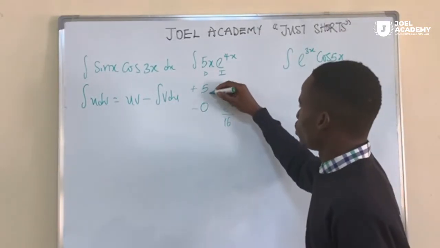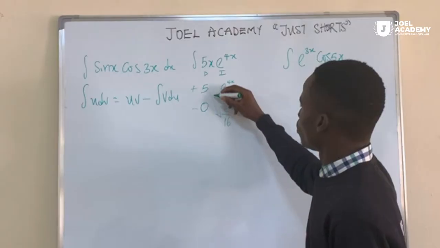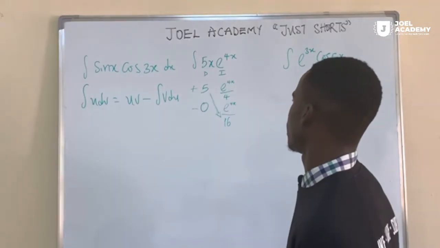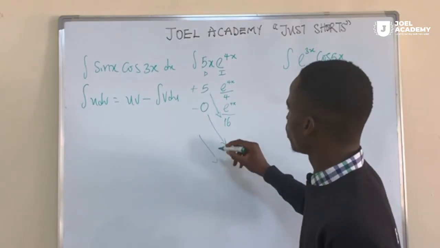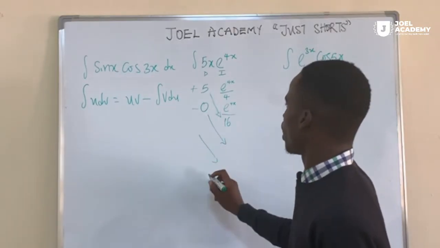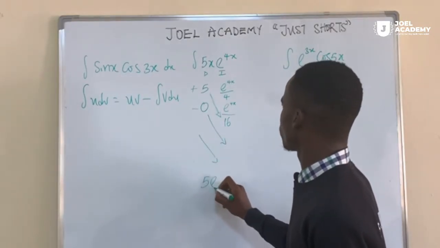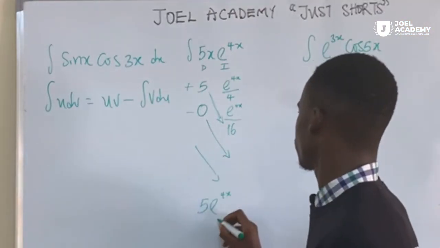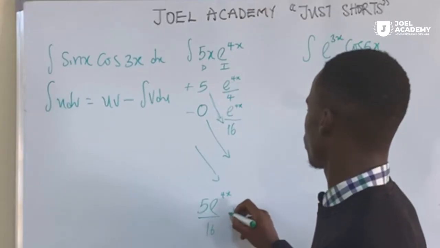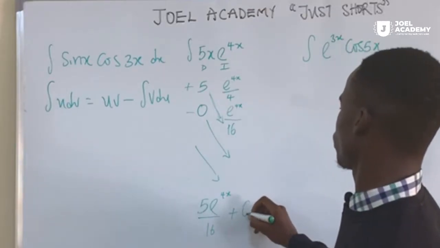So now we do this, we merge this together, and the arrow keeps going down. But since we just have one arrow, our answer will be what? 5 exponential 4x over 16 plus c.